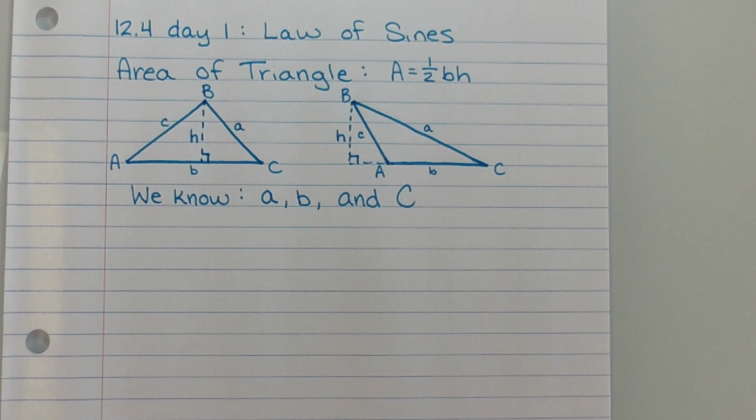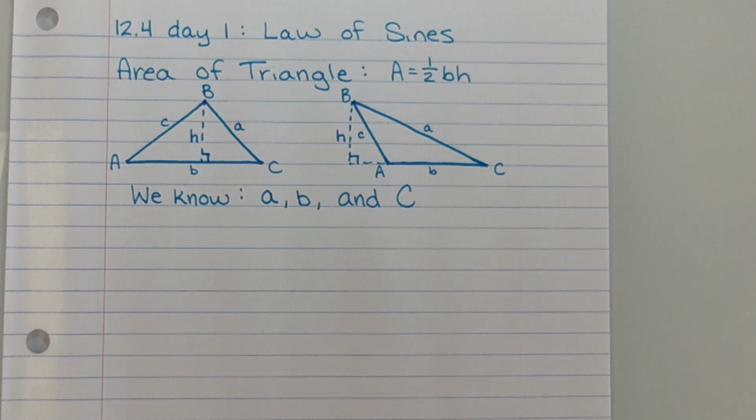Do I have the information necessary to solve for the height? I don't see it, but I know the answer has to be yes. At least that's what it seems like you're trying to go for. Yes, we do.